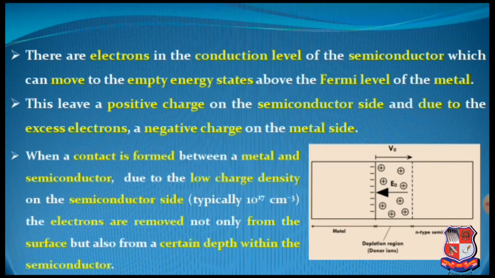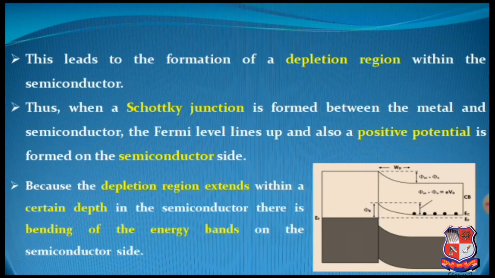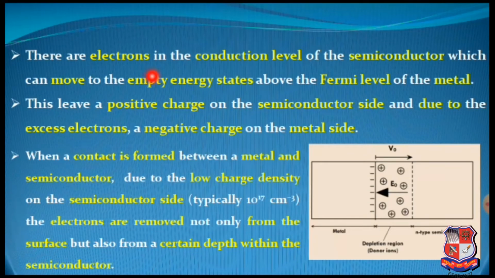This is one of the possibilities. When electrons leave the conduction band of the semiconductor, there will be a positive charge on the semiconductor side, and due to the excess electrons, a negative charge on the metal side.